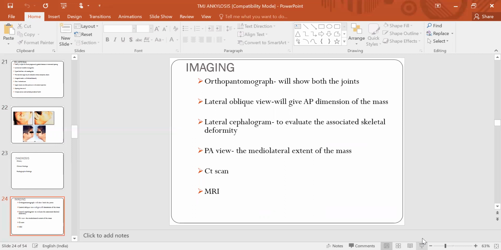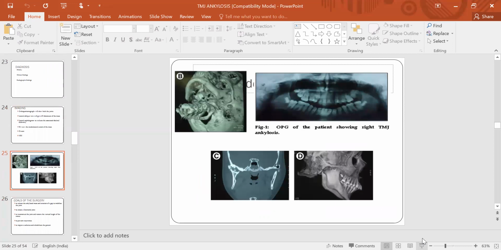If you're not satisfied with conventional X-rays, you can go for CT scans and MRIs. So these are pictures of the CT scans where you can appreciate bony deposition in the condylar area. In the OPG also there is bony deposition, and in a sagittal section of the CT, you can appreciate the bony deposition in the condylar area.